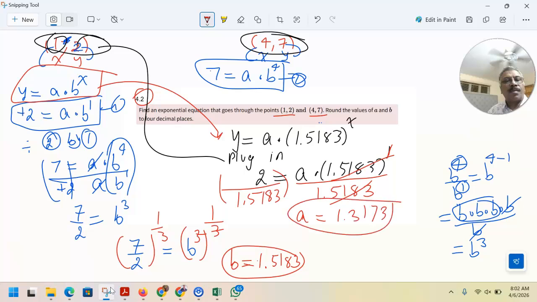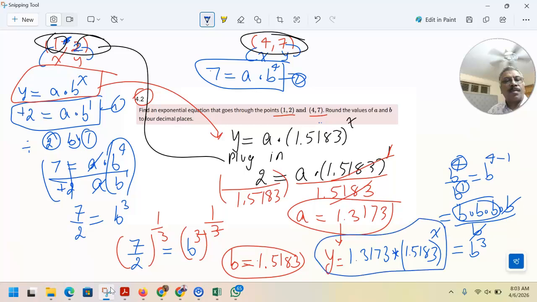So your final equation becomes y equals 1.3173 times 1.5183 raised to x, and you're done. So that's the exponential model where this is the initial point and this is the growth factor, or exponential growth factor.